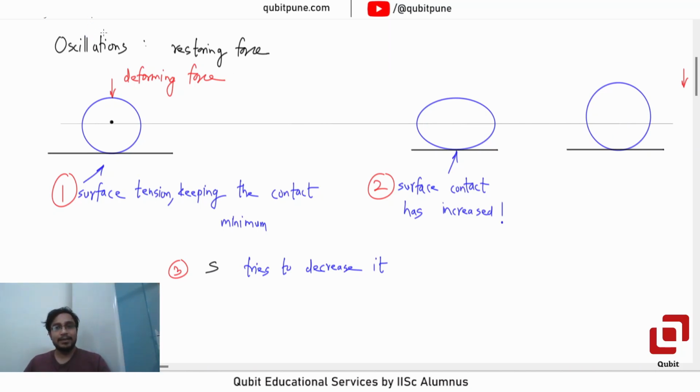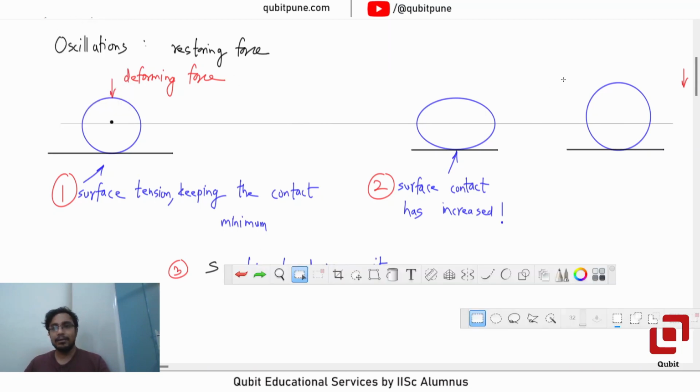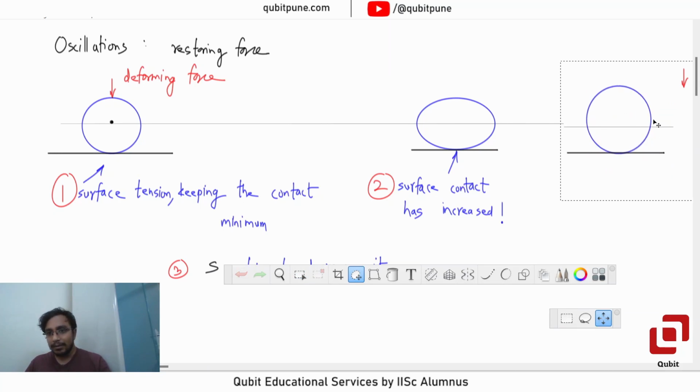Let's do it. Take it a bit downwards there, and now we can erase this line and draw it there. So the location of the center of mass doesn't change. Got it?